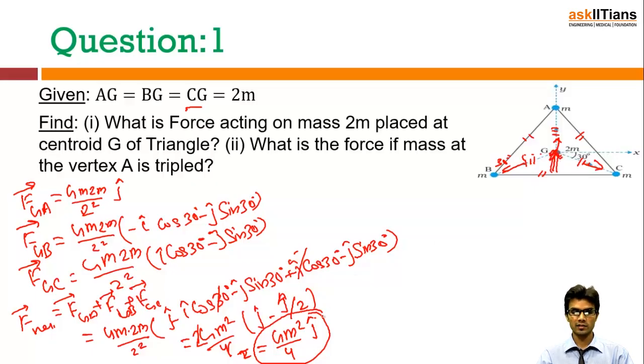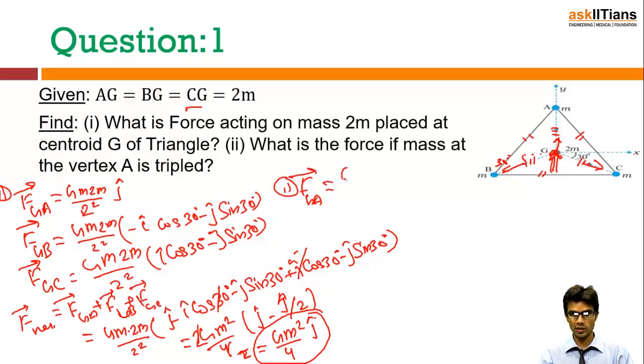This is the first part. Now the second part is, what is the force if the mass at the vertex is tripled? So this is 3 times, and only FGA will be changed, the other parts will be the same. Since the mass is 3 times, just replace it.